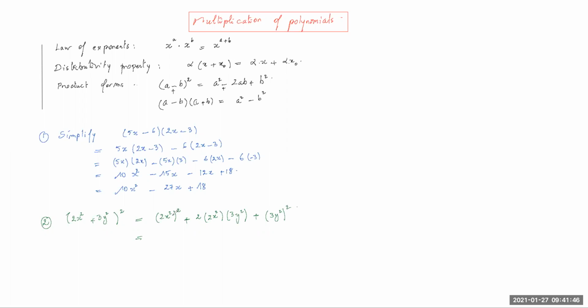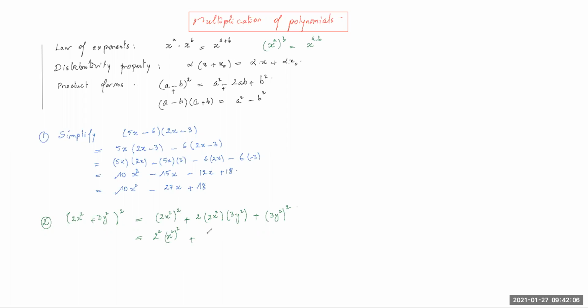Now here you use operations on powers. You have x to the power a, to the power b, which is x to the power a times b. So this is what we need here. 2 times 2, x squared to the power 2.